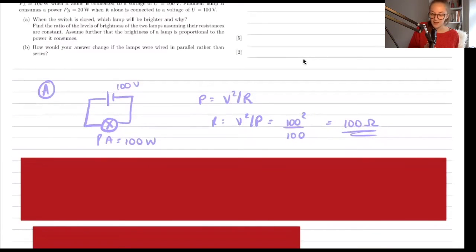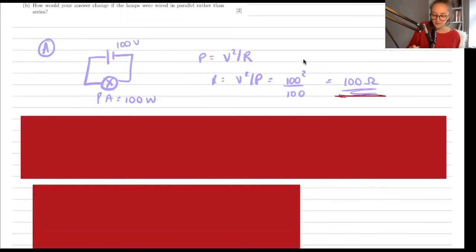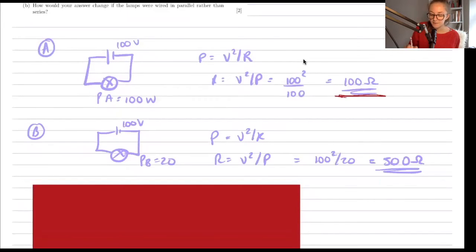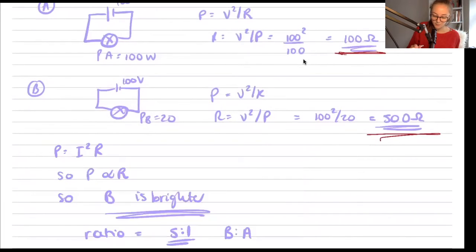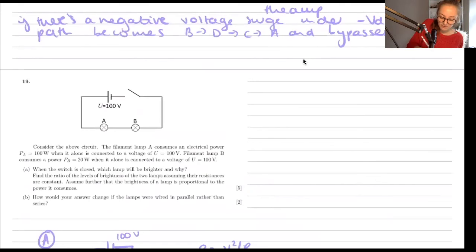So lamp A, if we use P equals V squared over R, we can rearrange that to get a value for resistance of 100 ohms here. And then we can do the same thing for lamp B to get 500 ohms. So when we put these values back in here, we had 100 ohms and 500 ohms.